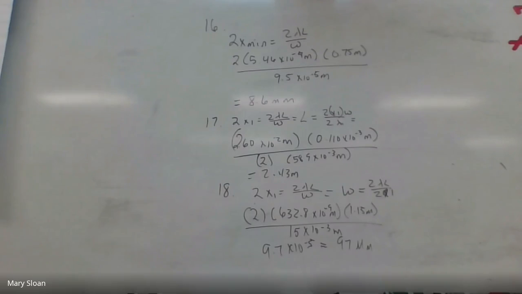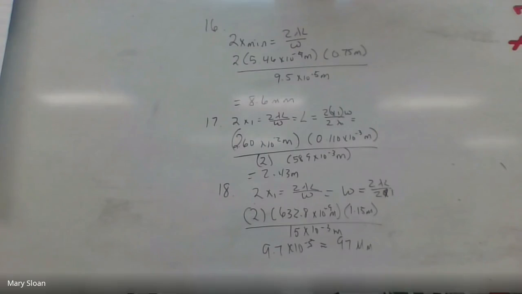Number 17, yellow light with a wavelength of 589 nanometers passes through a slit with a width of 0.110 millimeters and makes a pattern on the screen. The width of the central band is 2.6 times 10 to the negative 2 meters. How far is the slit from the screen?